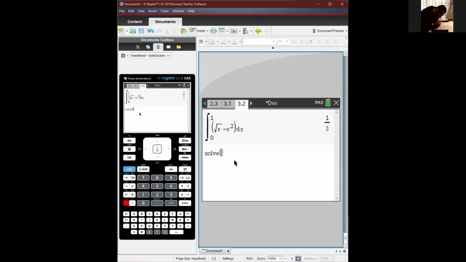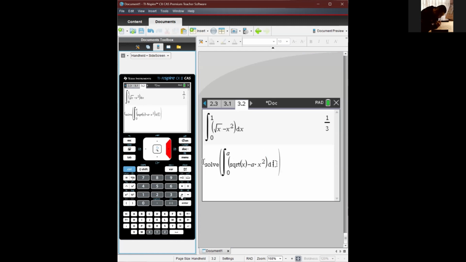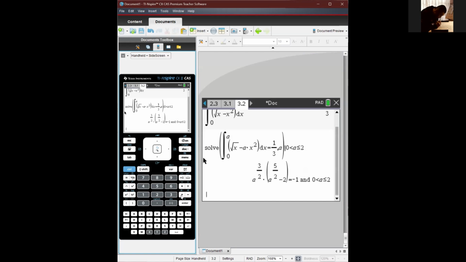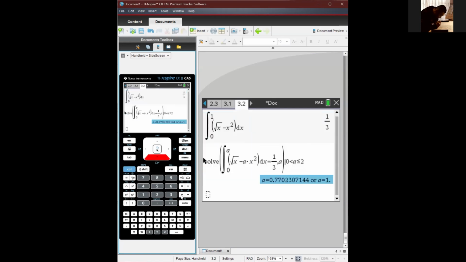So you could solve the integration from 0 to a of square root of x minus a times x squared dx equals 1/3, for a. So you get a equals 0.77 something, and a equals 1. That's one possibility.